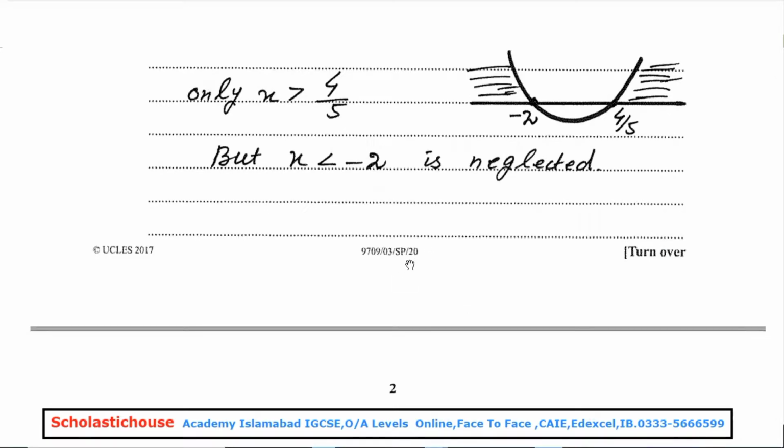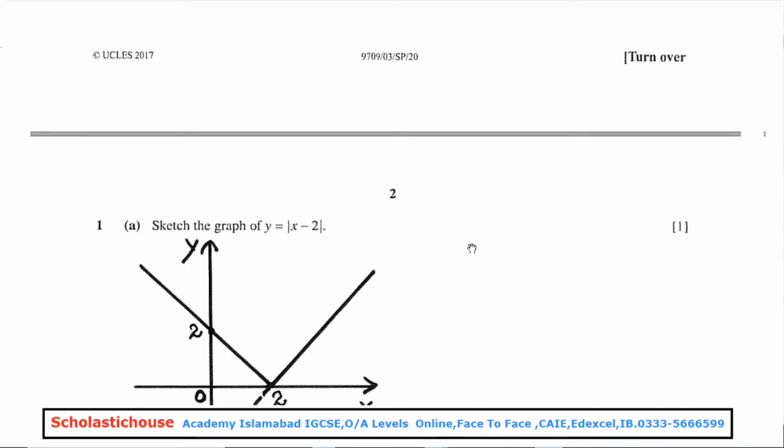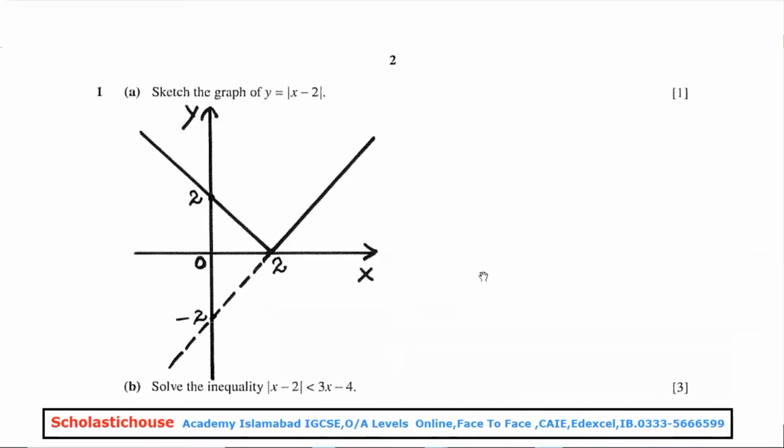This was the question from specimen paper 2020. Now we do the second question. Again, same question. First step, y is equal to modulus of x minus 2. Convert this modulus equation into a straight line equation.